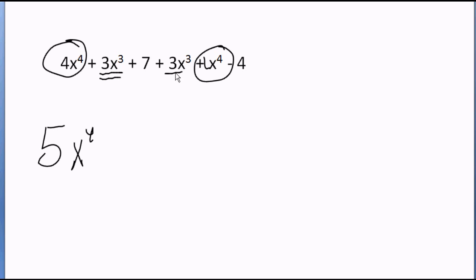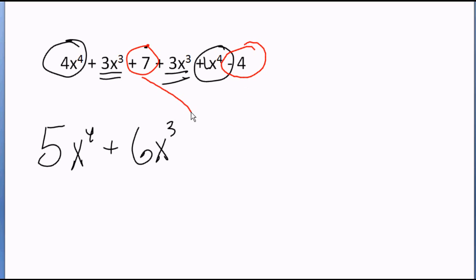Next, I have x cubeds. 3x cubed plus 3x cubed is 3 plus 3, which is 6. I'm not changing the x cubeds. And I don't have anything else other than just numbers. And numbers are like terms also. A plus 7 and a minus 4.